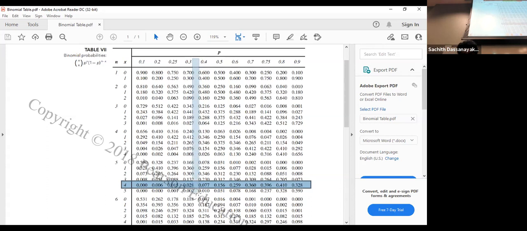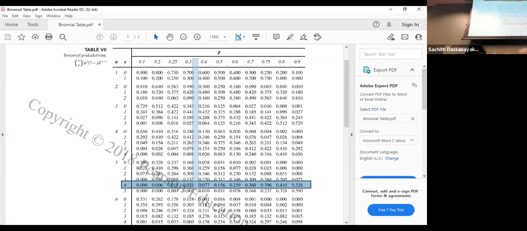Once you get this intersection, your value is definitely greater than 0.028, but less than 0.077. What is the exact value? I told you it is 0.04. So that value is definitely somewhere here.